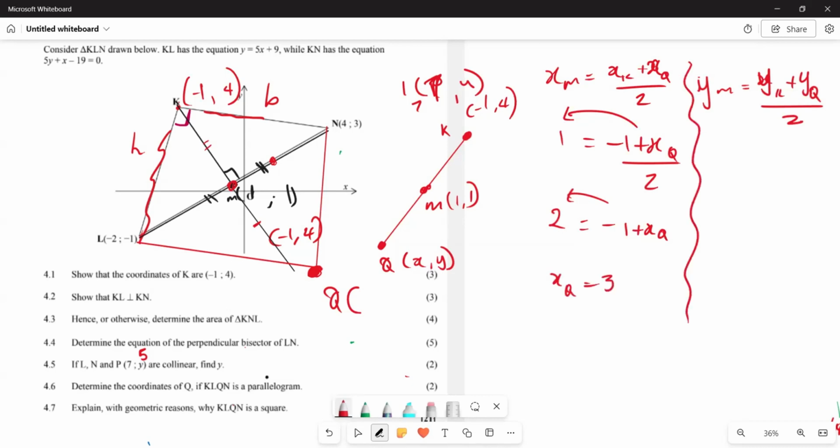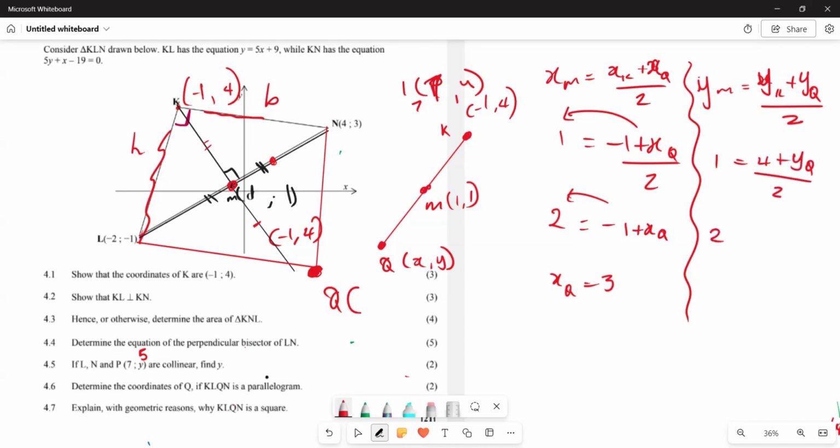Now, for the other one, what are you going to have for the y of your m? This is the same as 1 equals the y of your k, which is 4, plus the y of your q, over 2.